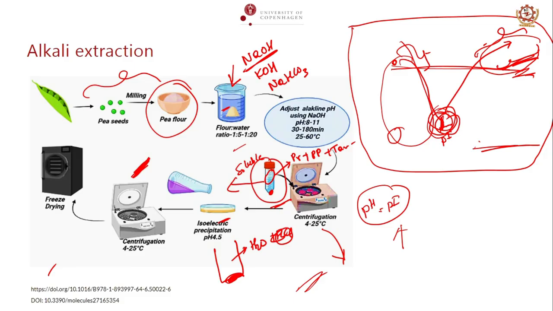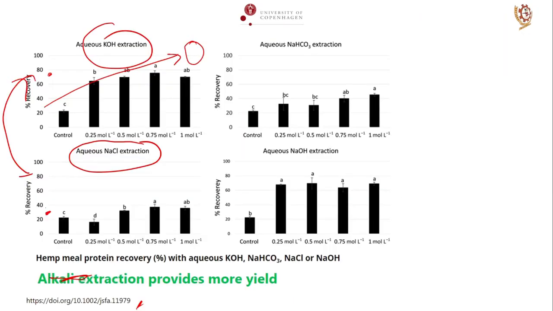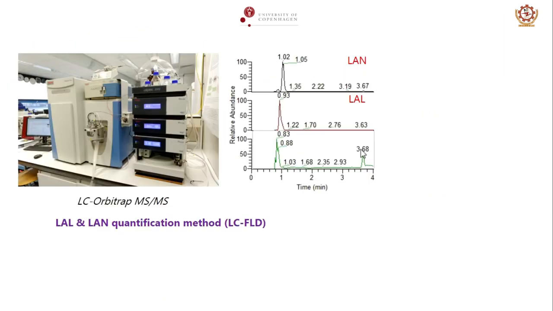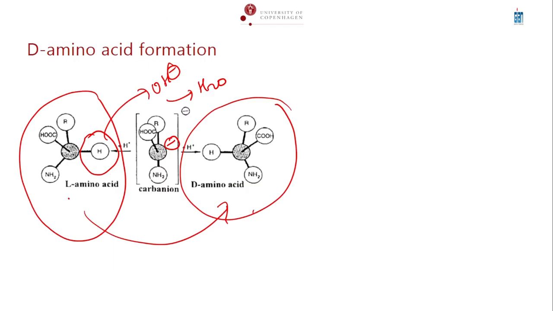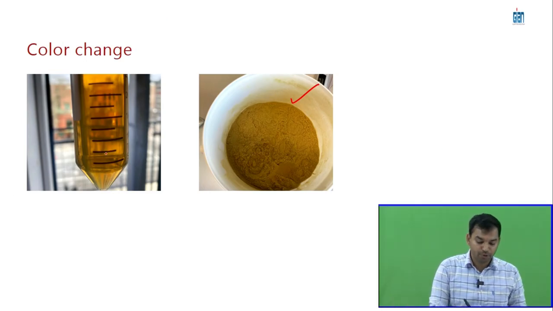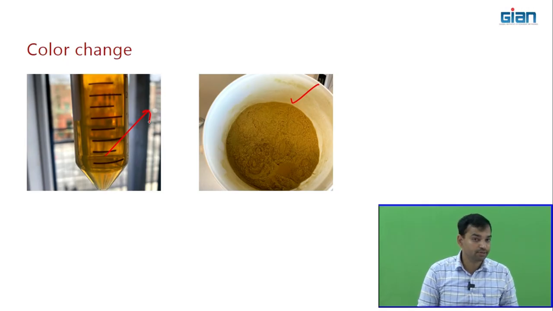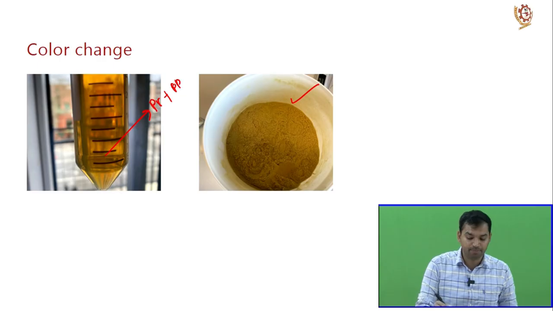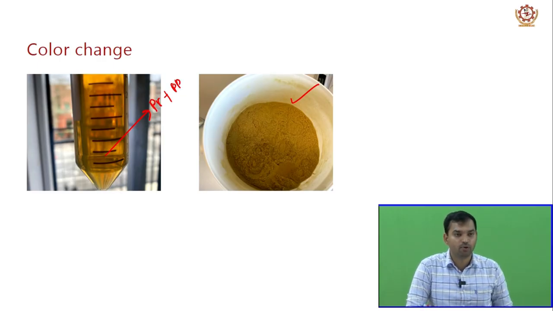You're also up-concentrating unwanted things, and polyphenols, tannins, anthocyanins, they have color. So it's a pure protein solution, we say, but not necessarily pure protein. It contains protein plus polyphenols, tannins, whatnot.